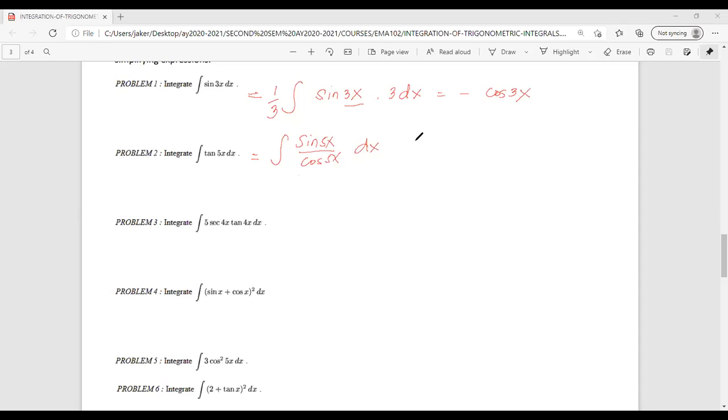So if you assign your u to be cosine of 5x, your du will be 5 dx, right? For this. Now, if the entire thing, I will clear it right here.